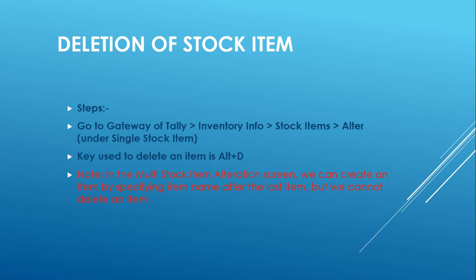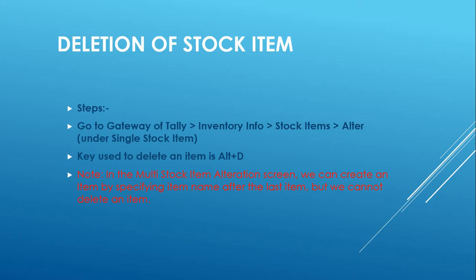Alter mode can also be used for deleting the stock item which is not required. For deletion, go to Gateway of Tally, select Inventory Info, select Stock Items. It displays all the stock items which are present in the inventory.